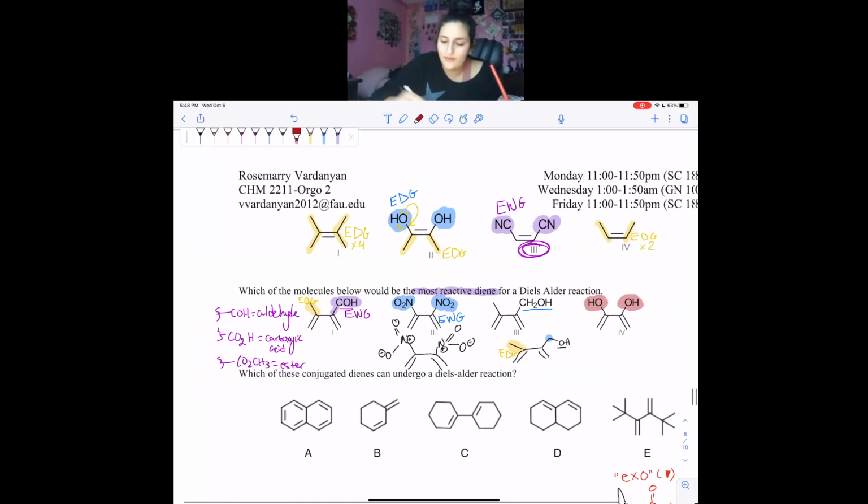I 100% agree with you. So this one has one strong withdrawing, one weak donating. This has two strong withdrawing. This one has two weak donating. And the last one has two really strong donating groups. So which one of these is the best diene, or the most reactive diene?